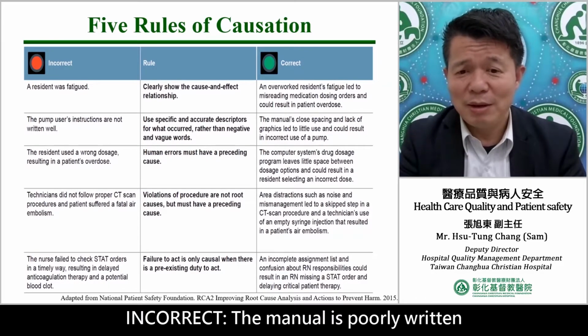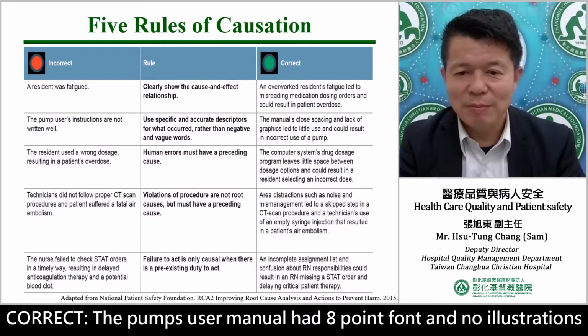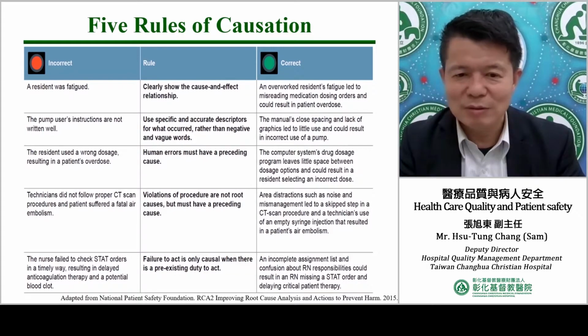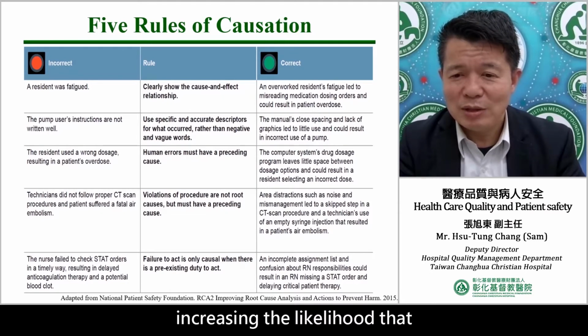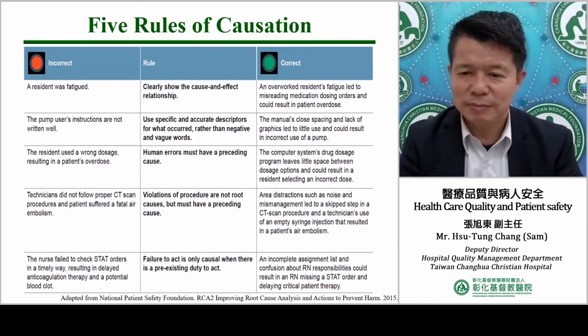Incorrect: the manual is poorly written. Correct: the pump's user manual had a small font and no illustrations. As a result, nursing staff rarely used it, increasing the likelihood that the pump would be programmed incorrectly.